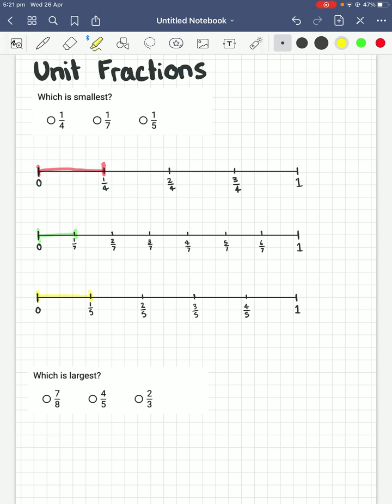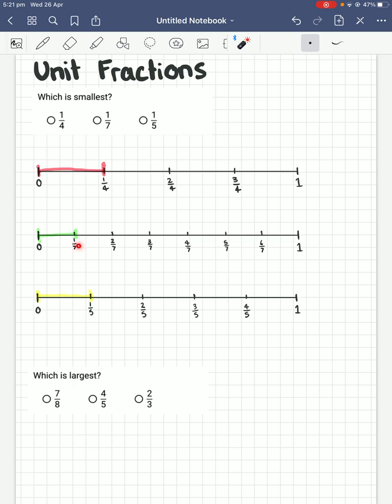Now, the general pattern here is that if you're cutting your number line into a smaller number of parts, for example 4 parts, each of those parts is going to be a lot larger, isn't it? Because you're only cutting it 4 times. Or you're only cutting it 3 times really, but you're cutting it into 4 parts.